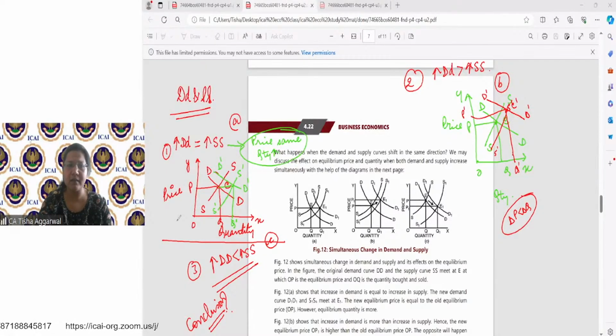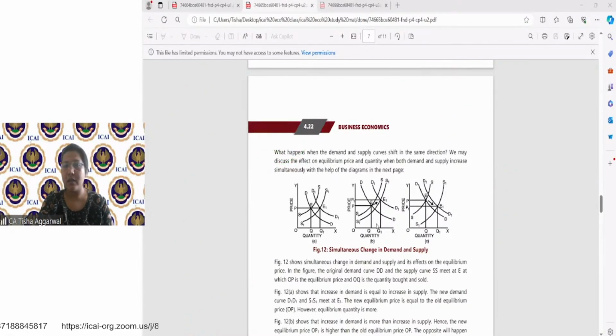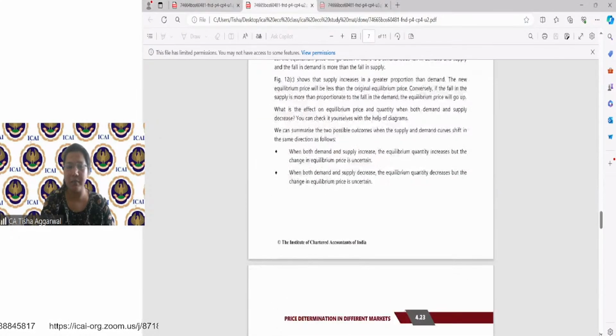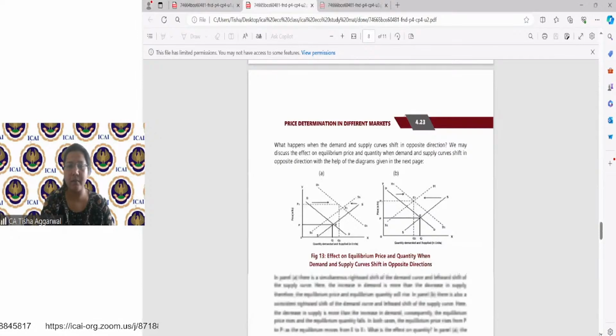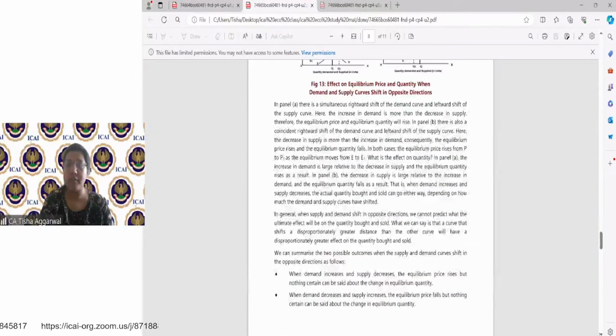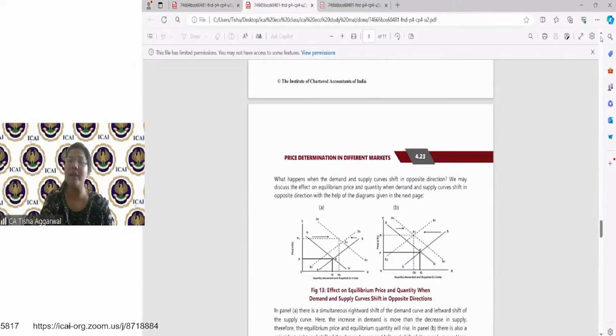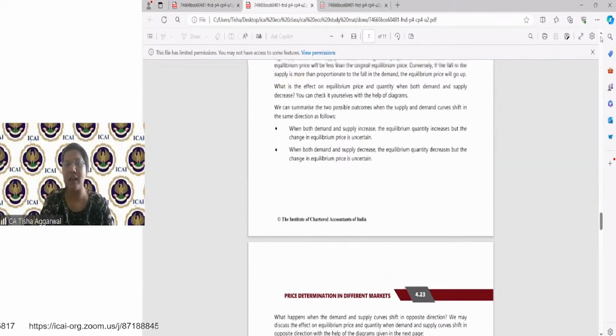Interesting topic. Okay. Now this was about the simultaneous change in demand and supply. If both of the changes are moving in the opposite direction, how will it work?